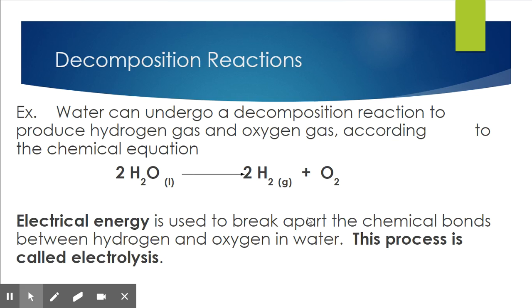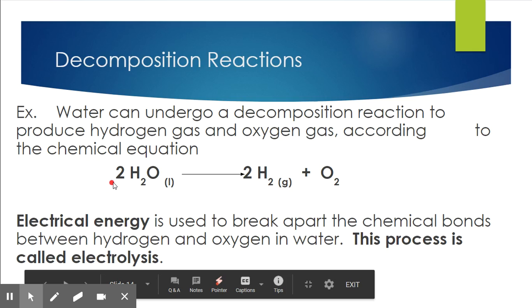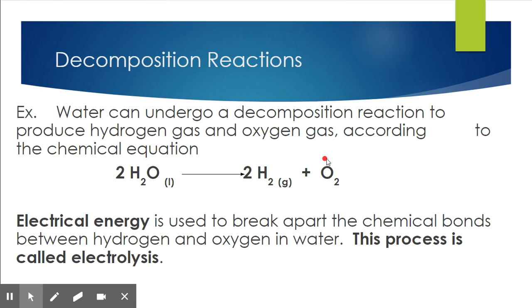So water undergoes a decomposition reaction to produce hydrogen gas and oxygen gas according to this chemical equation. Okay, in this balanced chemical equation, we have water, H2O, and it yields hydrogen and oxygen. Electrical energy is used to break apart the chemical bonds between hydrogen and oxygen in water. This process is called electrolysis.